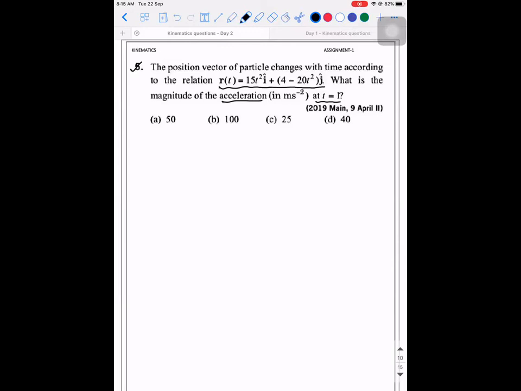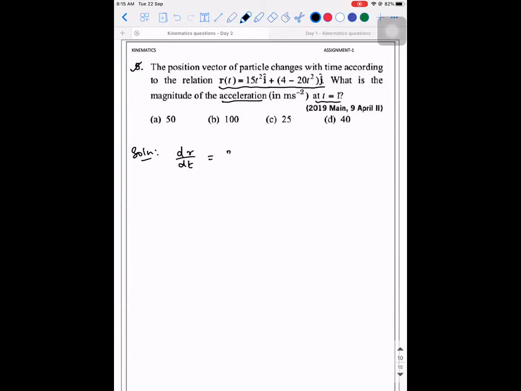What will you do? Differentiate. How many times? 2 times. Yes. You do it once, you get velocity. You do it again, you get acceleration. Okay. So what is dr divided by dt?